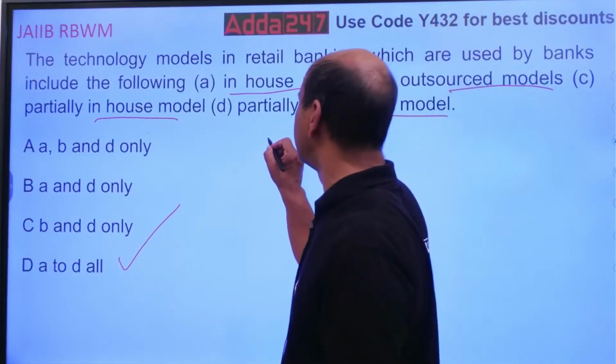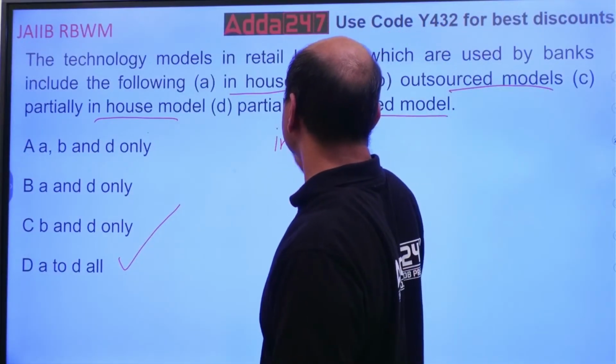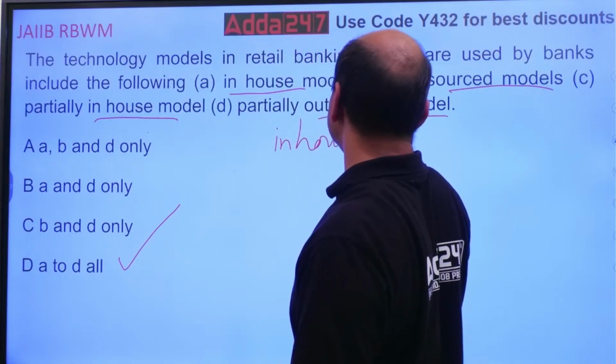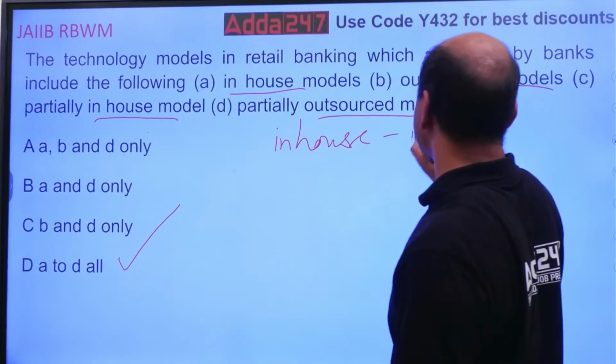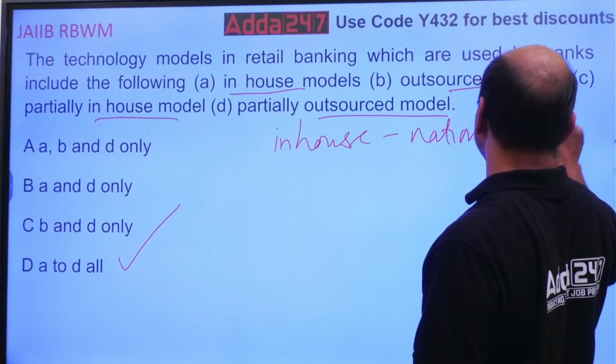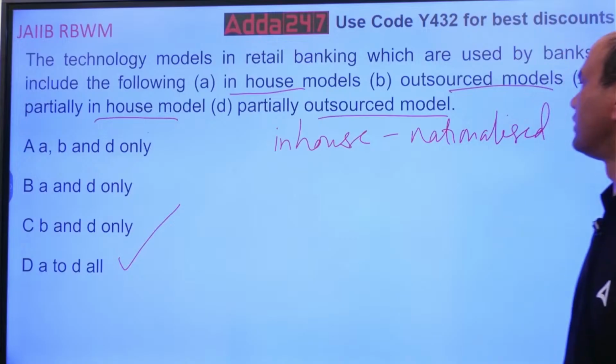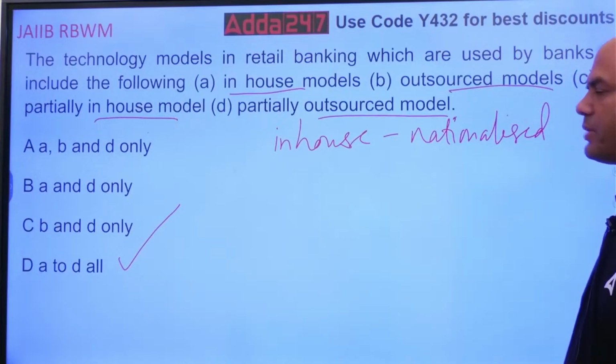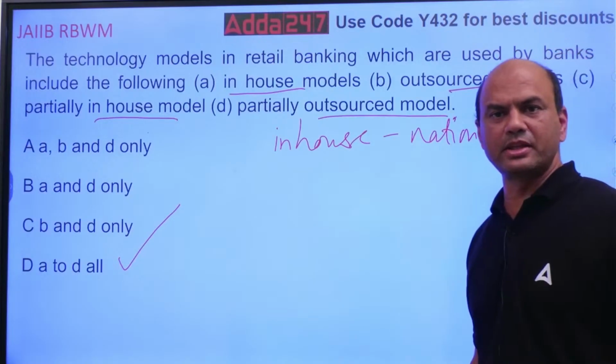Generally, I tell you, in-house is generally followed by nationalized banks. As per the books, remember, I am always talking as per the books. Practically, I know many different things are happening now in banking.